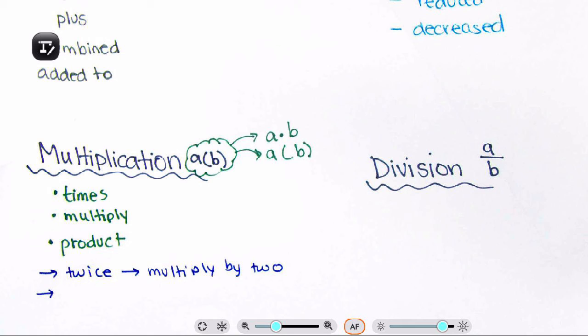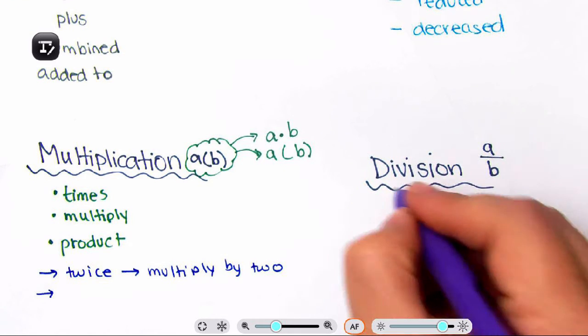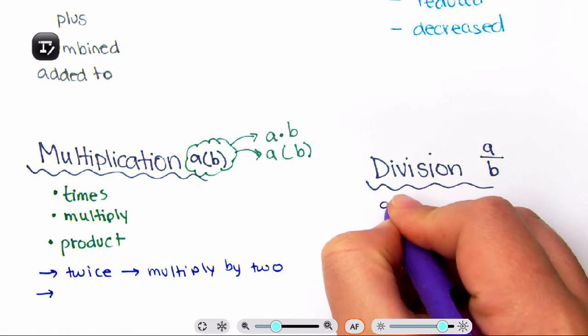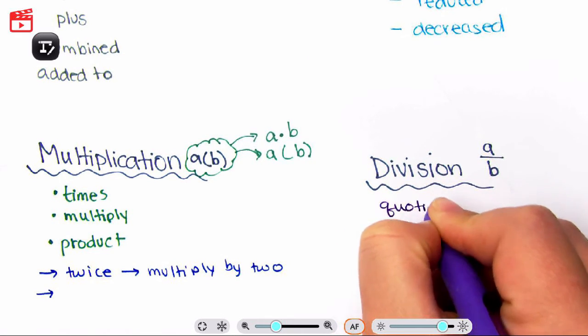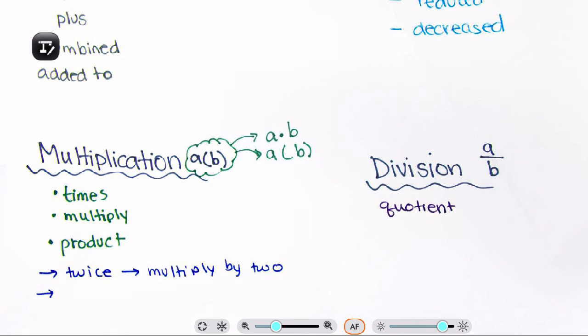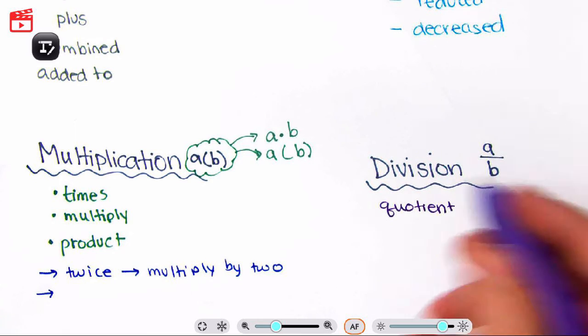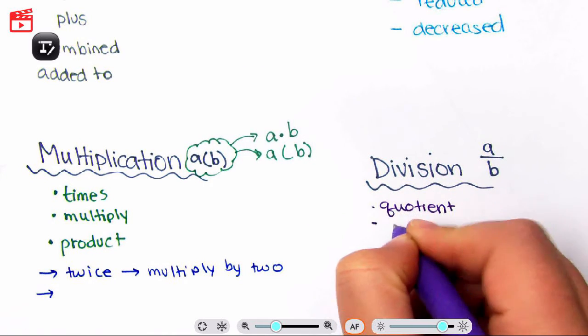All right, division. Let's see a different color. Do purple. Division, you can do quotient. So when it's asking you what is the quotient between 15 and 3, that means 15 divided by 3. You can do divisor.